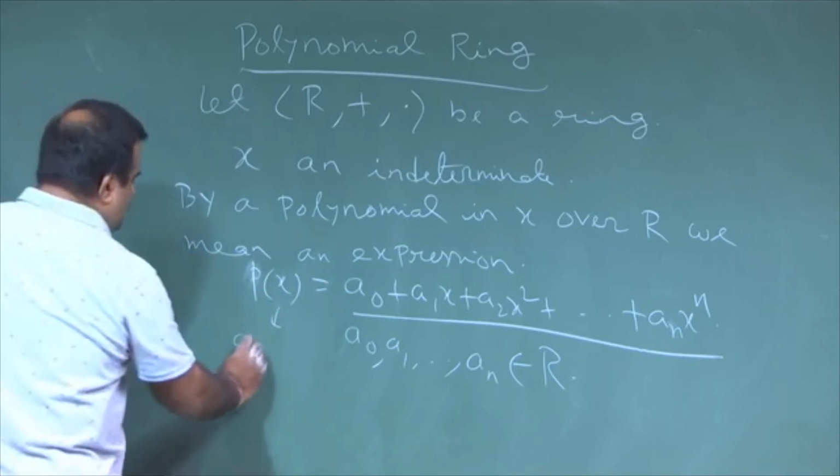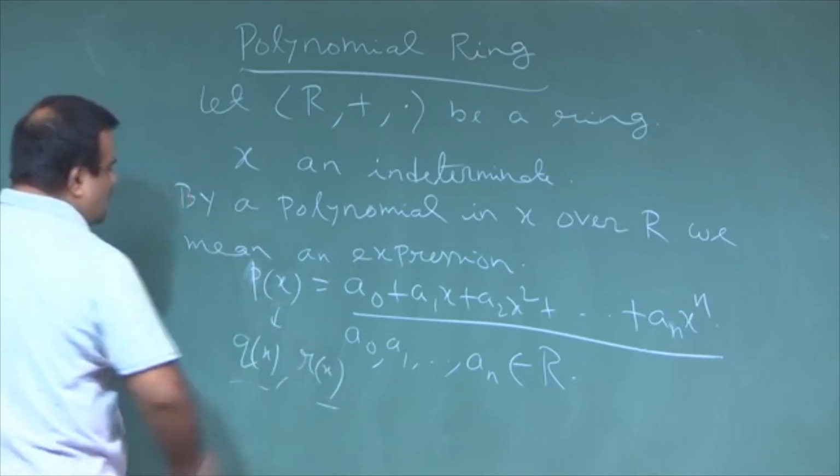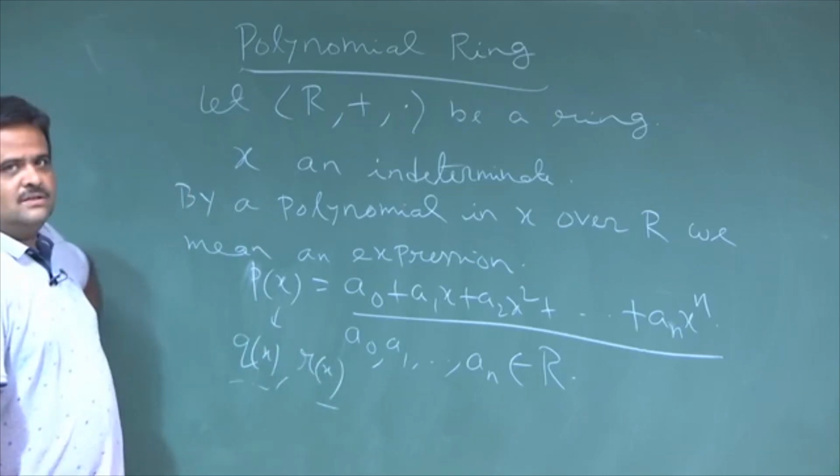Now, we can have another polynomial q x, r x. So, we represent the polynomials by p x, q x, r x in this way.